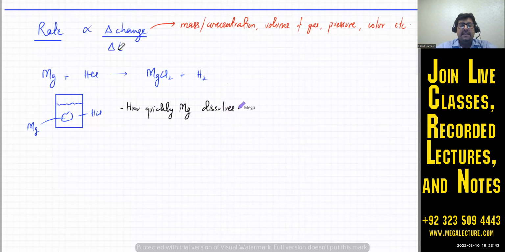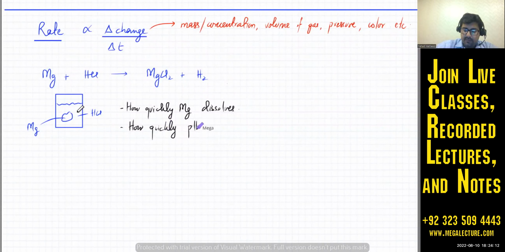Remember, in this case, you can keep one of the things fixed, but I'll tell you that later. In this case, you can check the change in pH, because the pH will be very acidic and then it will go to neutral, right? If the Mg is in excess. So you can measure how quickly pH changes. If the pH is changing very quickly, that means it's a very fast reaction. So you can measure how quickly H2 gas is produced.